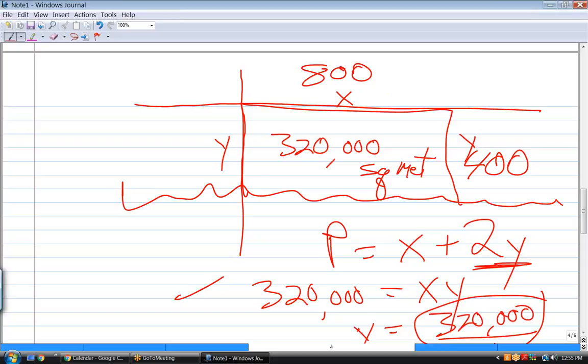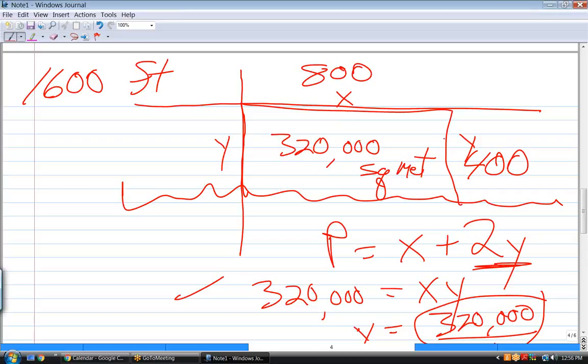Every time? Every time. In other words, if I told you you had 1,600 feet of wood, 800 plus 400 plus 400, and I said, make me a corral out of 1,600 feet of wood and maximize its area, I would make the corral where the horizontal measurement was twice the vertical.